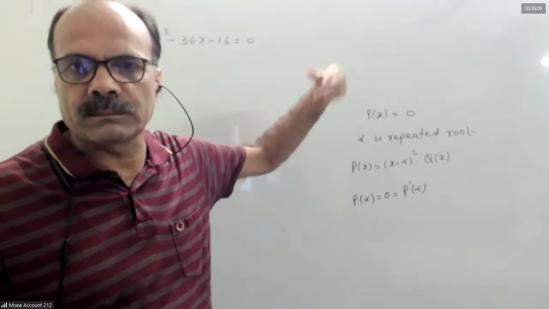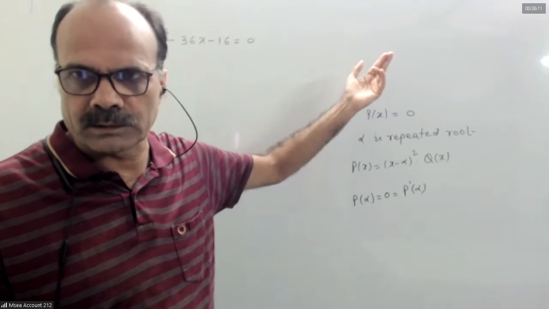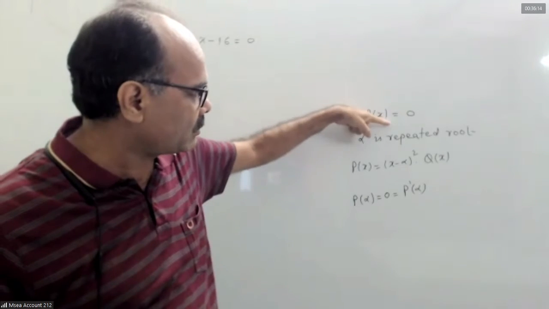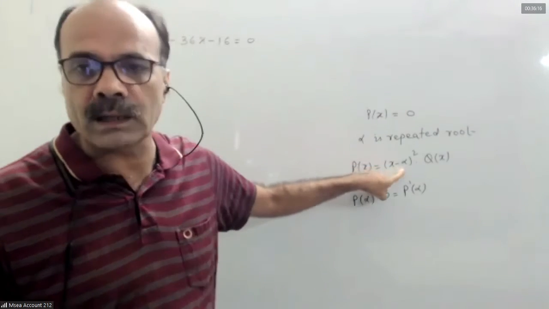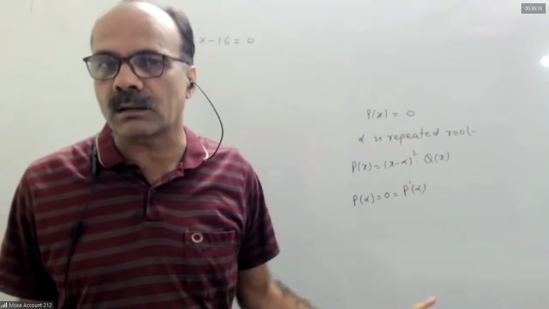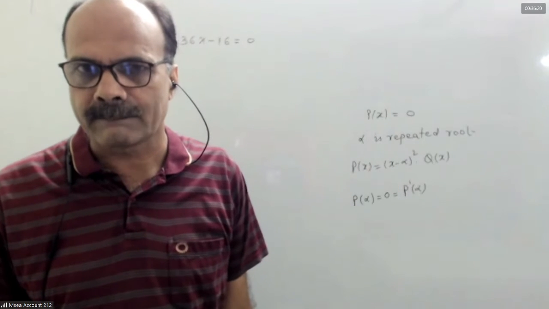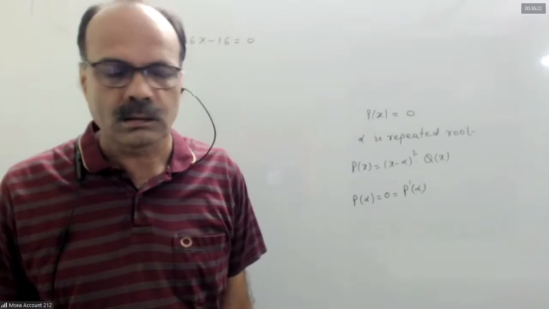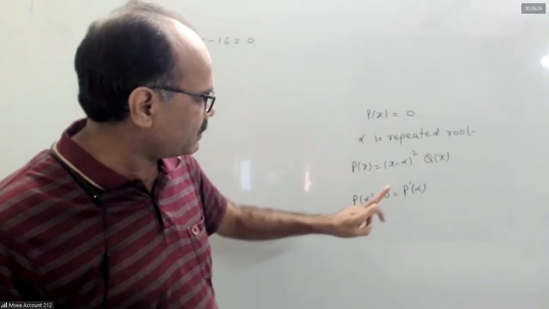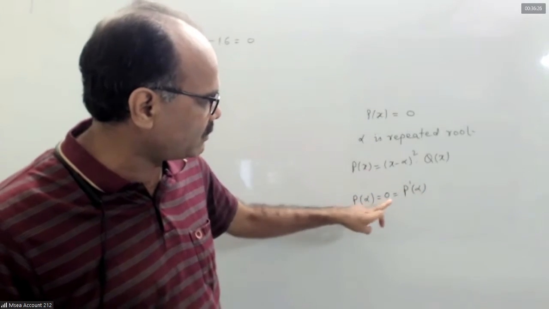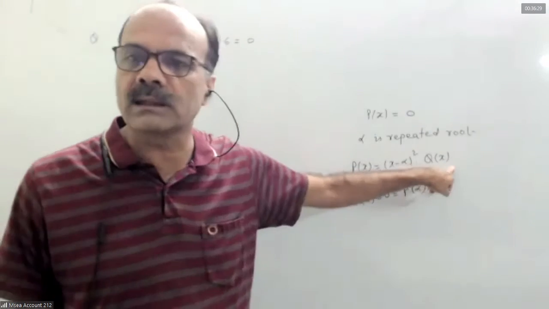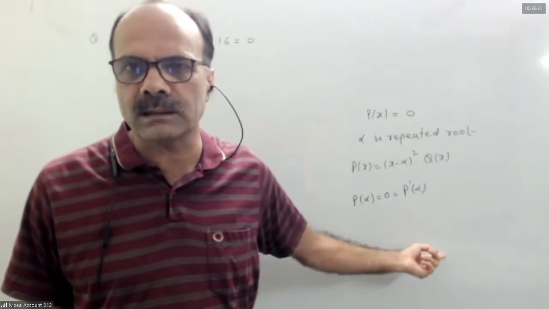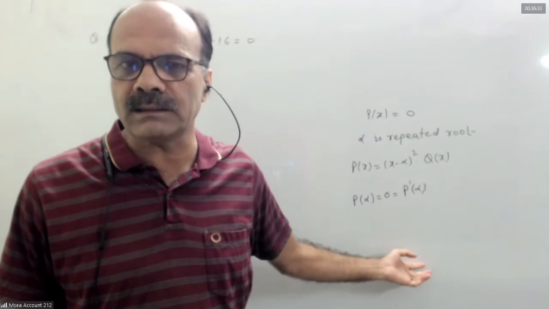If alpha is a repeated root, then (x minus alpha) square will be a factor of P(x). So P(alpha) equal to P dash (alpha) equal to 0.